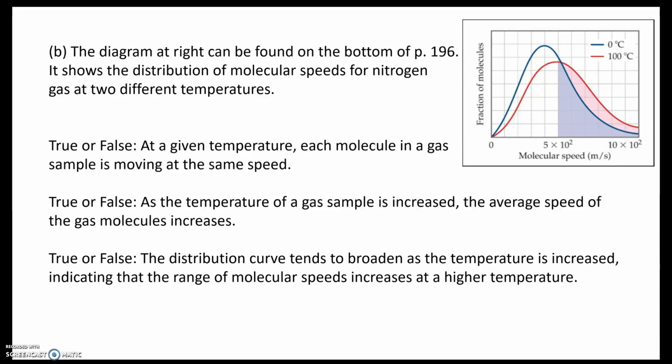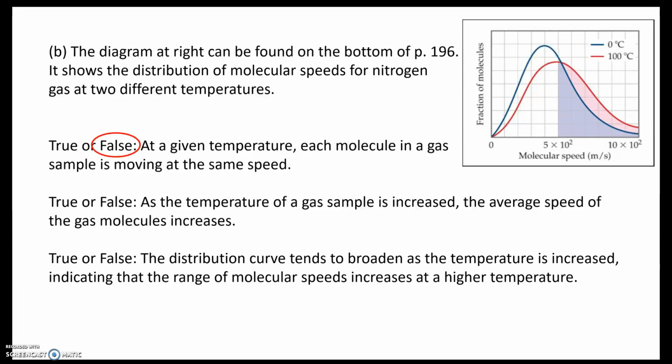It shows the distribution of molecular speeds for nitrogen gas at 2 different temperatures, at 0 and 100 degrees. This is a very, very common picture. You can find this virtually anywhere on Google. So now we have true or false questions. Number 1, at a given temperature, each molecule in the gas sample is moving at the same speed.